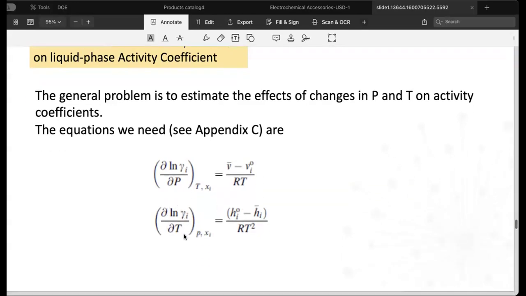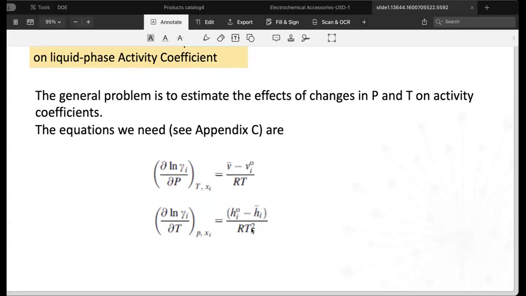And what about this expression? This expression tells us how the activity coefficient changes with temperature, and it depends on the entropy and the enthalpy change. The enthalpy of the pure component and the enthalpy of that component in the mixture, over RT square.